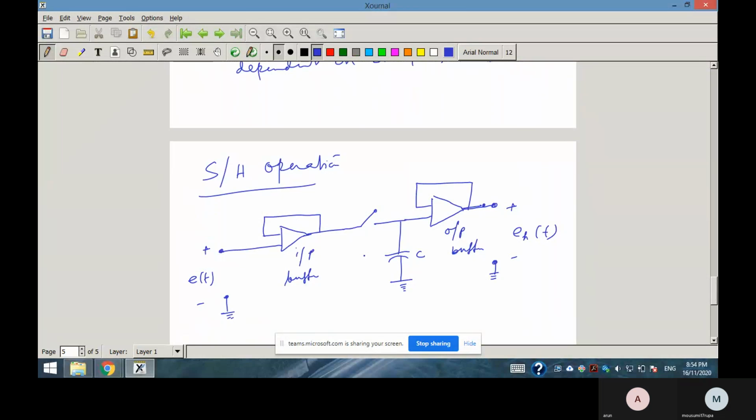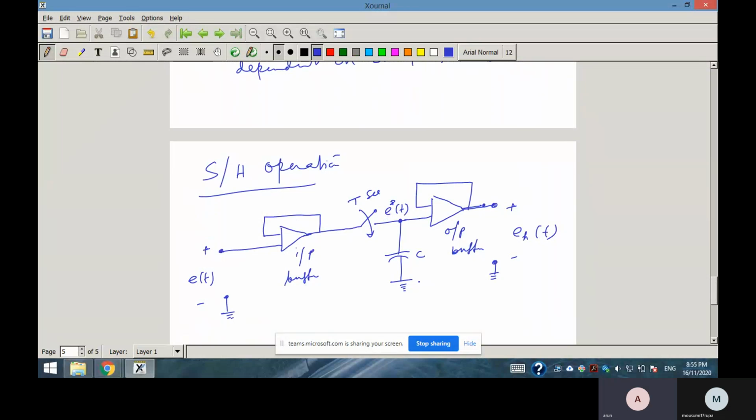Okay, so this is a switch. This is known as the sampler. So here the output is your E star T, the sampler output. So this switch is closed at T interval.